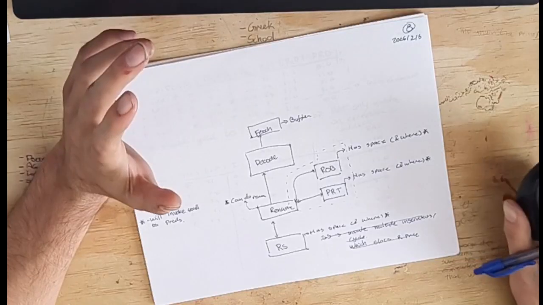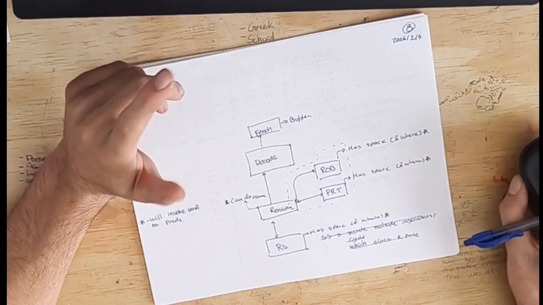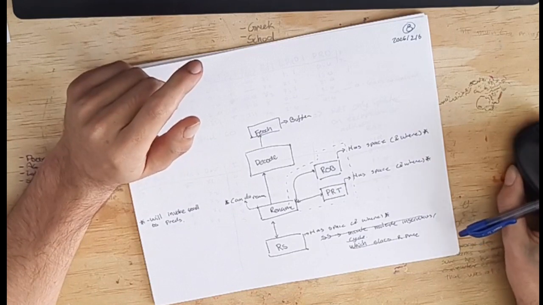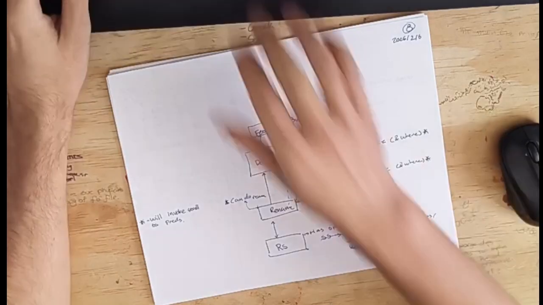Let's just not make it super scattered. Let's say we have space and then it just puts it into the next slot. Right, so we're going to make a signal called has space, set by the issue queue.